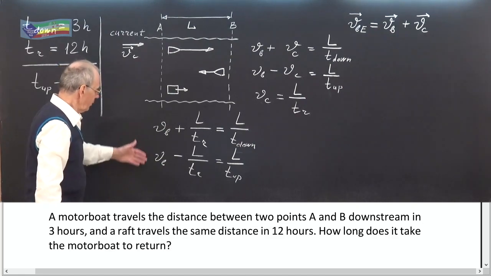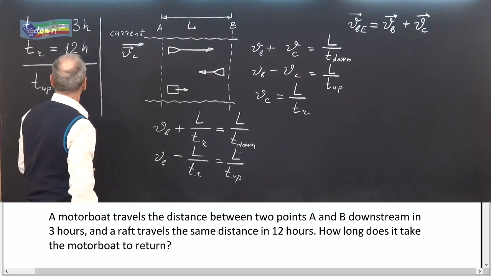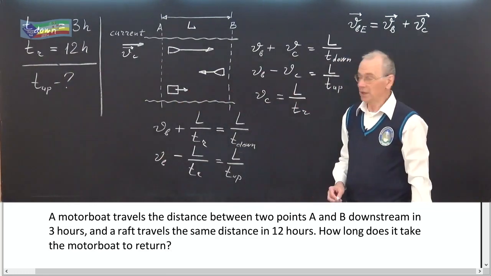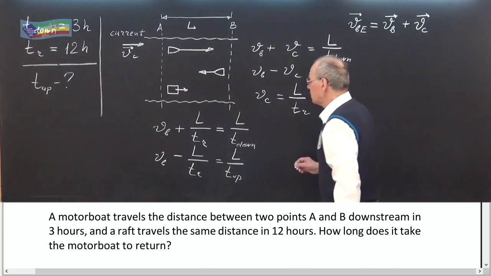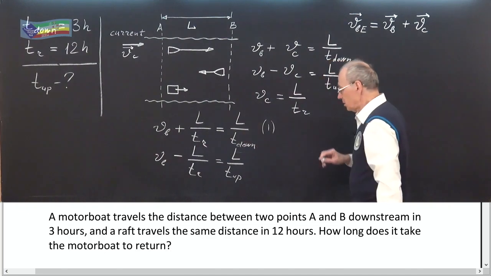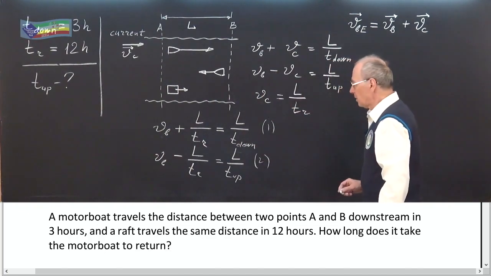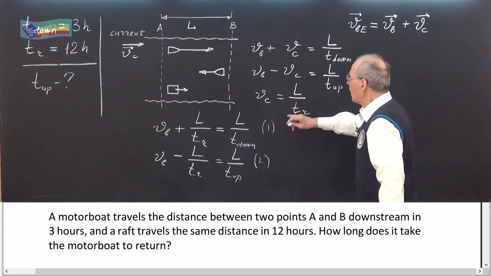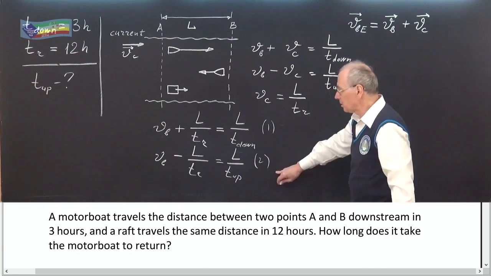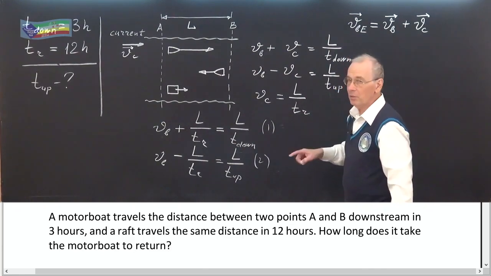Now we have two equations, but we do not need V B in both equations. So let us do like this. This equation is number 1. This equation is number 2. Let's subtract the second equation from the first equation, term by term.